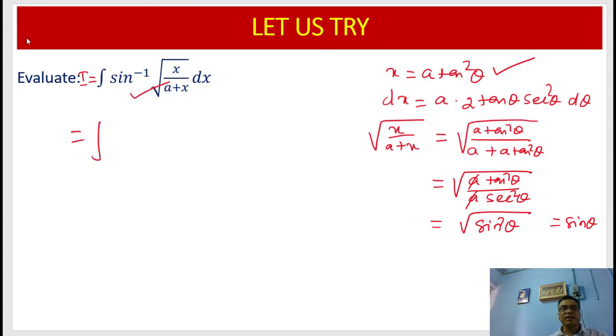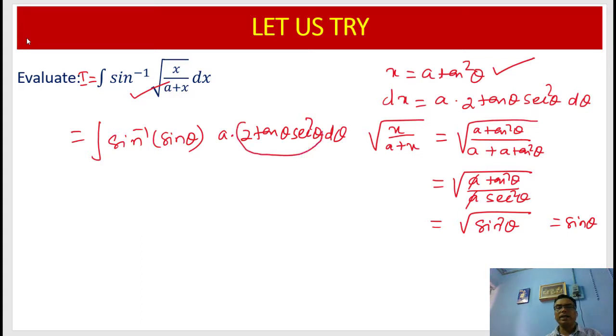So it is integration of sin inverse sin theta, and instead of dx I write a into 2 tan theta sec square theta d theta. Just mark this: 2 tan theta into sec square theta is nothing but the derivative of tan square theta.